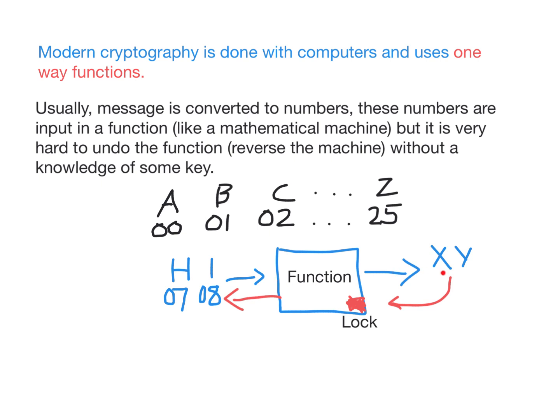Now, when we want to decrypt, we have our output here. We want to put it through the function, but the opposite way. We want to reverse what's been done to the output, kind of like how we solve equations. So usually, in order to go this way, there'll be some sort of lock and a key will be needed to undo it.